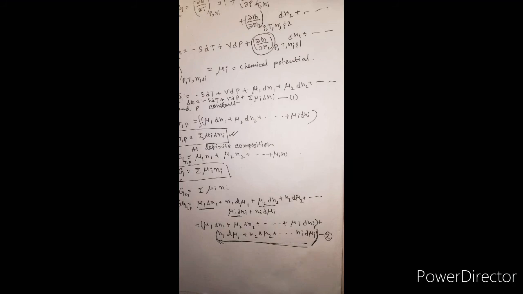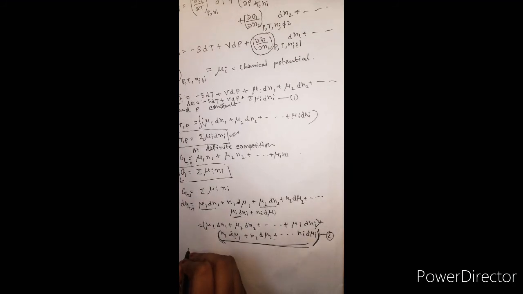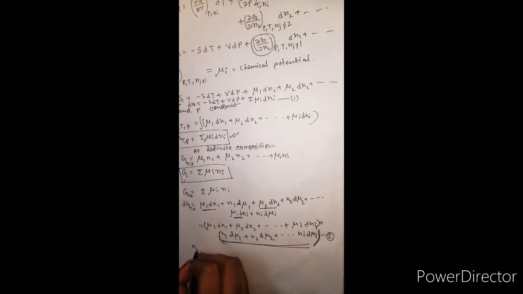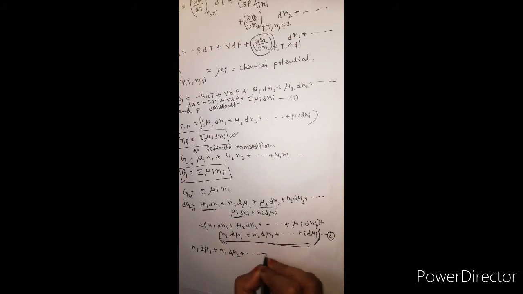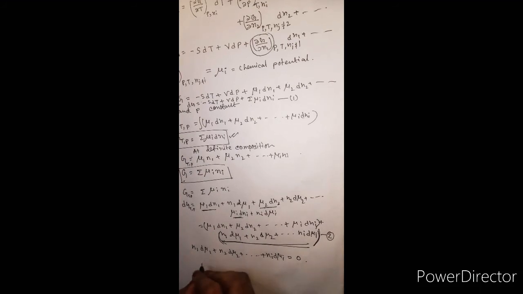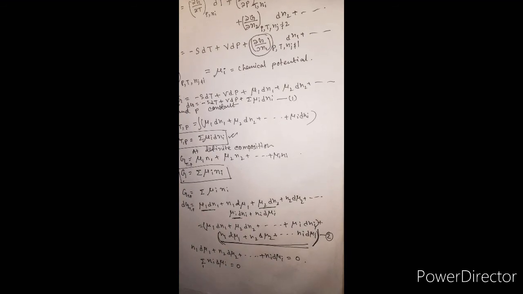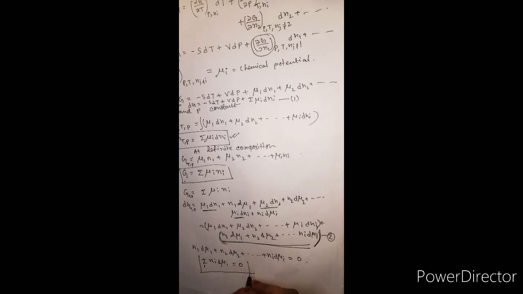Then it will be in the form n1 d mu1 plus n2 d mu2, continued up to n_i d mu_i is equal to 0. This means the summation of n_i d mu_i is equal to 0. This is also a form of the Gibbs-Duhem equation.